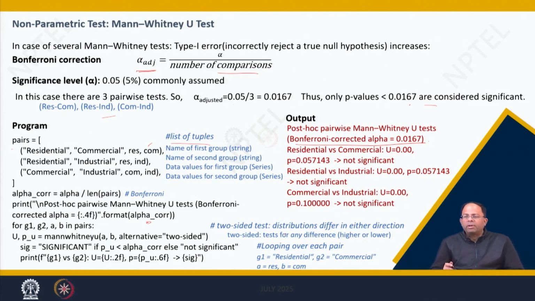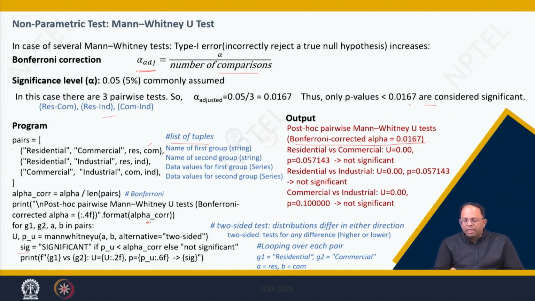That is, it tests for any difference, whether it is higher or lower between these two groups. Both are tested, and once it is done, we get the significance value, which is stored in sig. We check if it is lesser than alpha corrected, that Bonferroni correction, then it is significant, otherwise we print it is not significant.